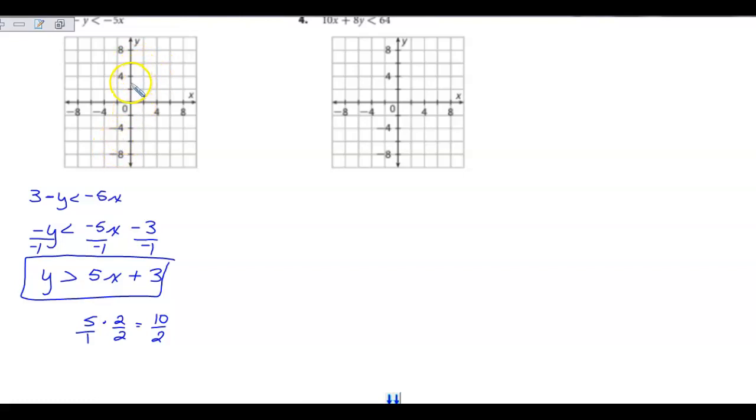So here at 3, I'm going up 5. 1, 2, 3, 4, 5, and then I'm going right 1. So that's a positive 5, just so I have a nice straight line. I'm actually going to go down as well.